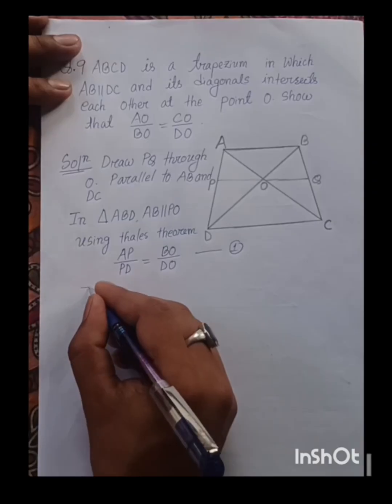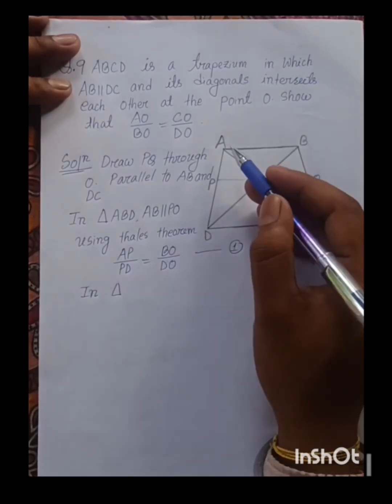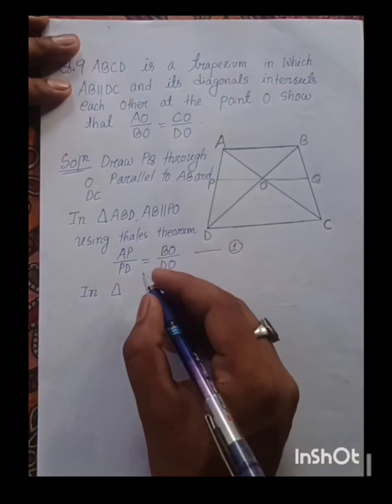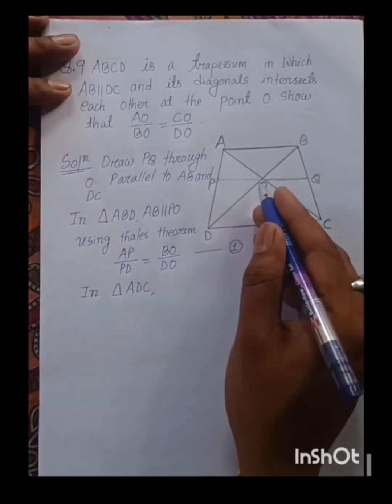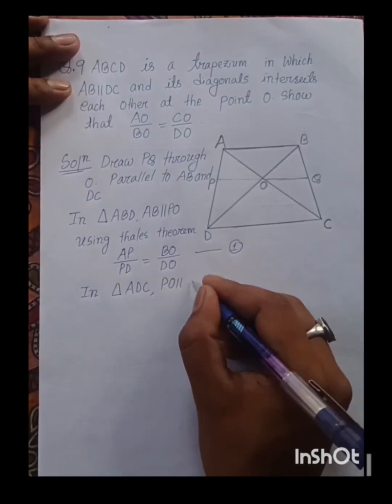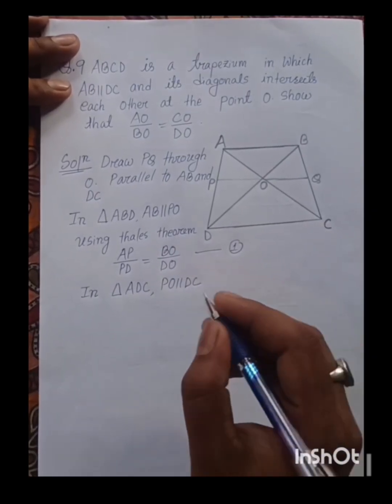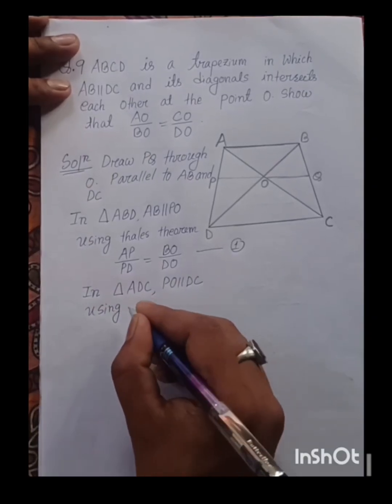And another triangle I'll take, in triangle ADC. So write ADC. PO is parallel with DC. So write here PO parallel DC. If PO is parallel with DC, then here also I can apply Thales theorem.